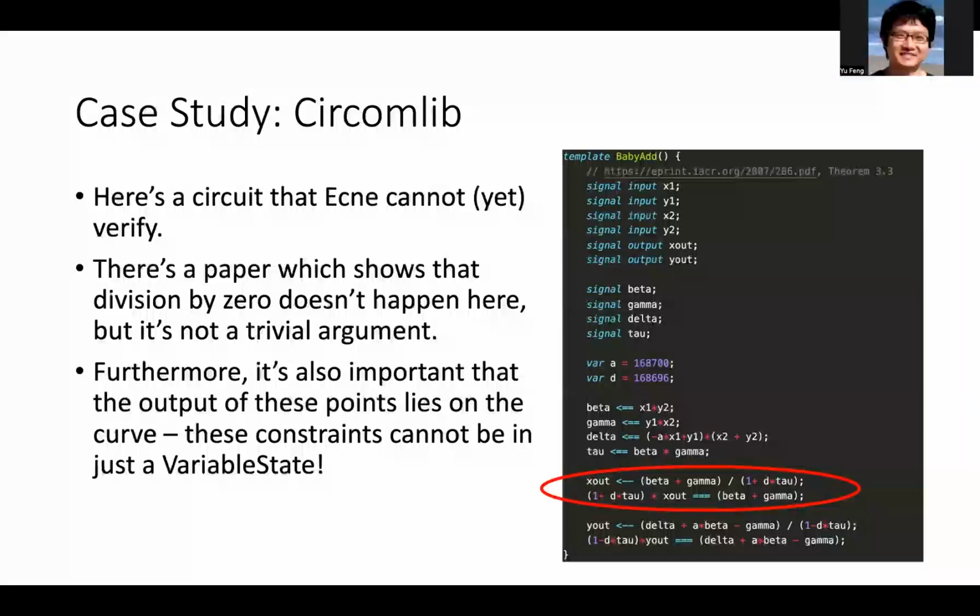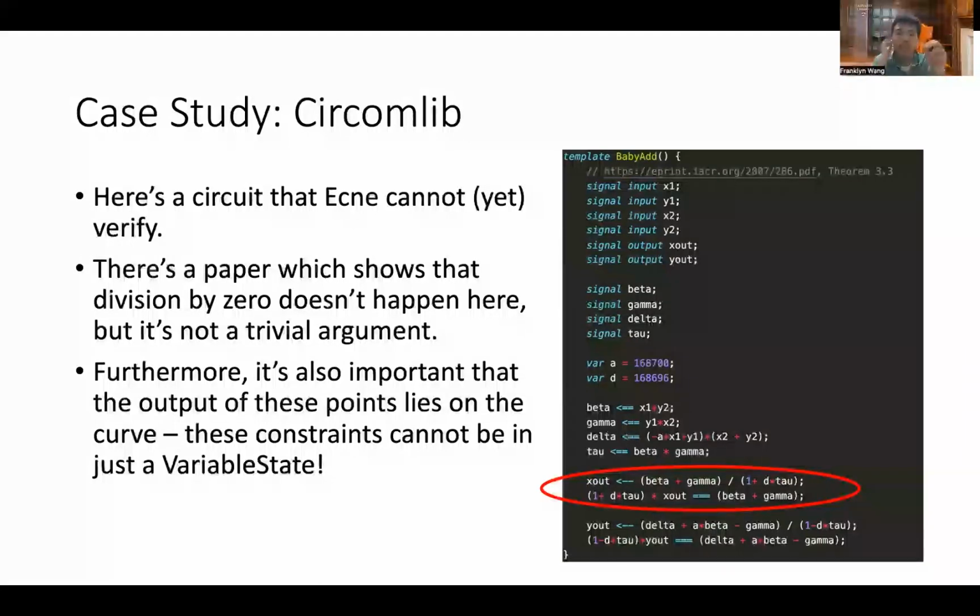One question. When you say Ecne cannot verify, you mean that it raised a false alarm, right? In the sense that the ground truth for this baby add is supposed to be safe, but Ecne says that this is potentially unsafe, because it cannot infer that 1 plus d times tau can be non-zero, which is something that you cannot infer automatically. In this particular case, this is a tricky one.